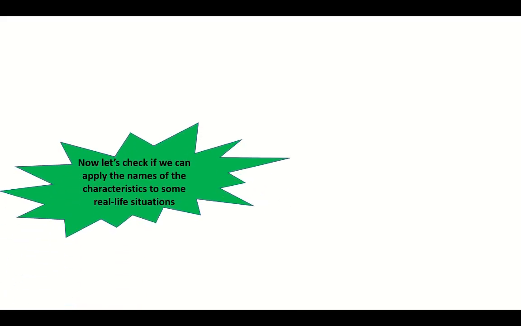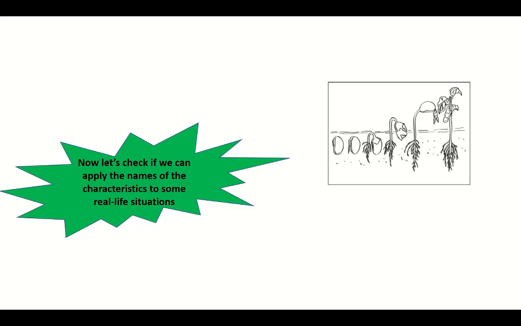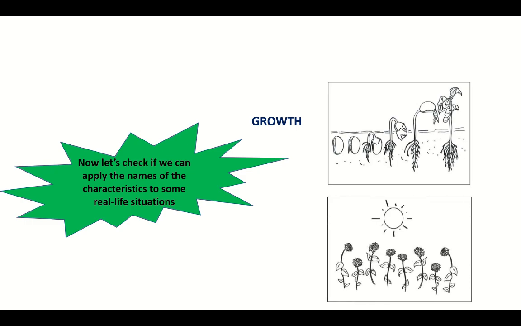Now let's check if we can apply the names of the characteristics to some real life situations. Can you identify which characteristic is shown by this image? Yes, you are correct. It is growth. Let's have a look at the other image. Which characteristic is shown by this image? It is sensitivity.